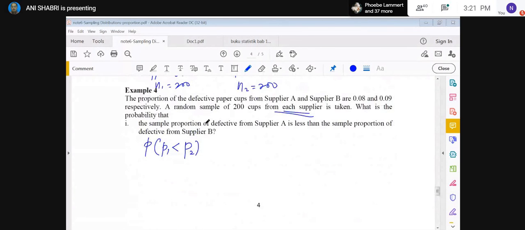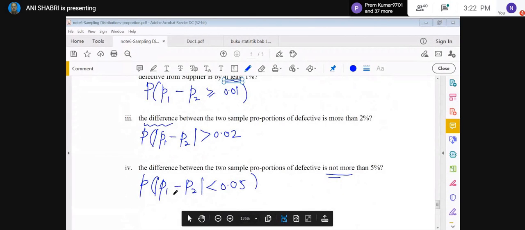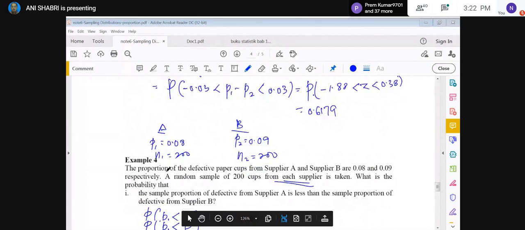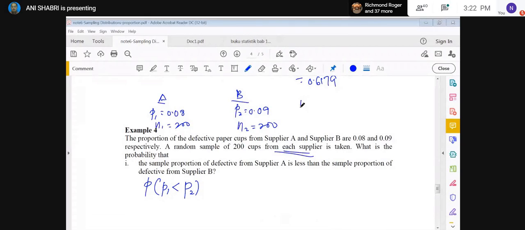Okay, if you see this one, P1 minus P2, P1 minus P2, this one same, P1 minus P2. It is equal normal, P1 minus P2, we can get negative. For this one is negative 0.01.